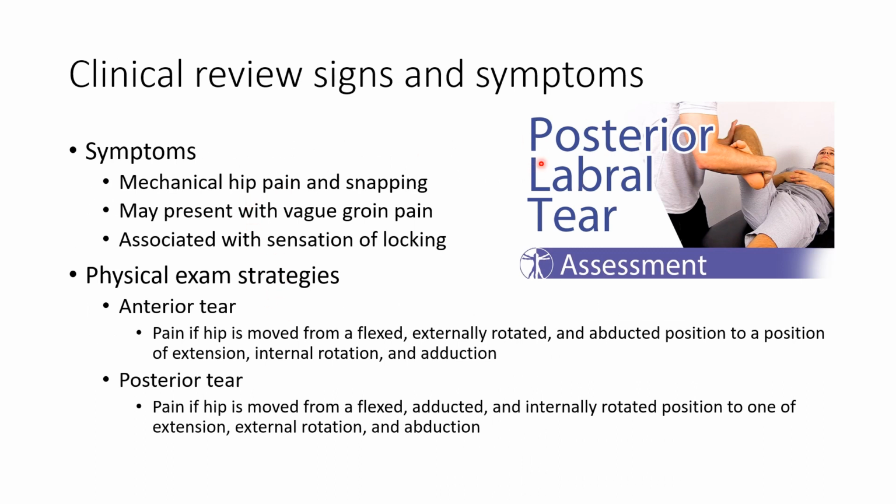So there are a couple symptoms and physical exam maneuvers we can do to figure out if someone has a hip labral tear. So symptoms, they'll have mechanical hip pain, and they'll have a snapping sensation. That would be the labrum flipping around inside the joint.